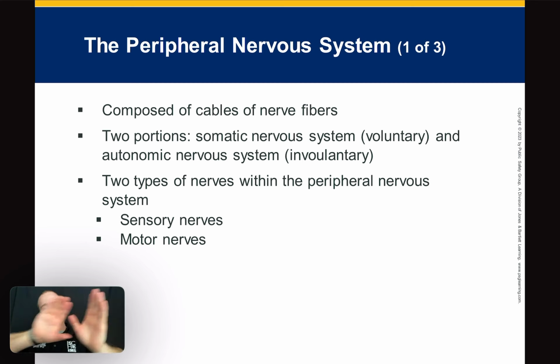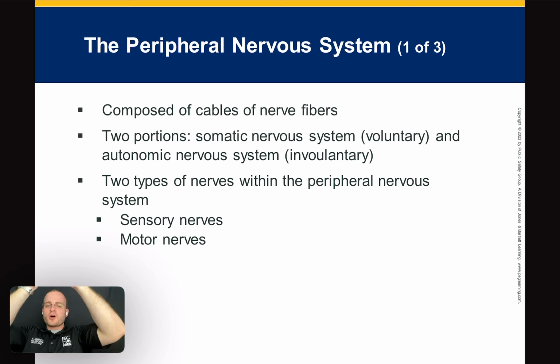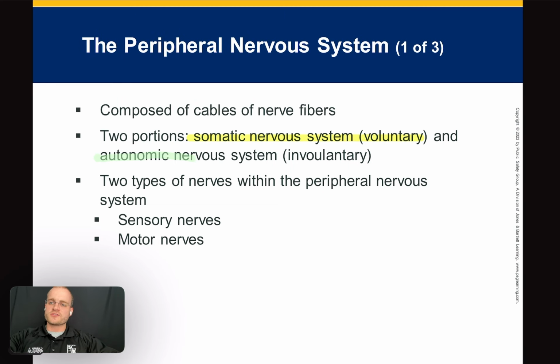But the peripheral nervous system, these are composed of those nerve fibers that come up and off the spinal cord, okay? And I want you to know there's two portions of the peripheral nervous system, right? There's the somatic nervous system, right? And then there is the autonomic nervous system.